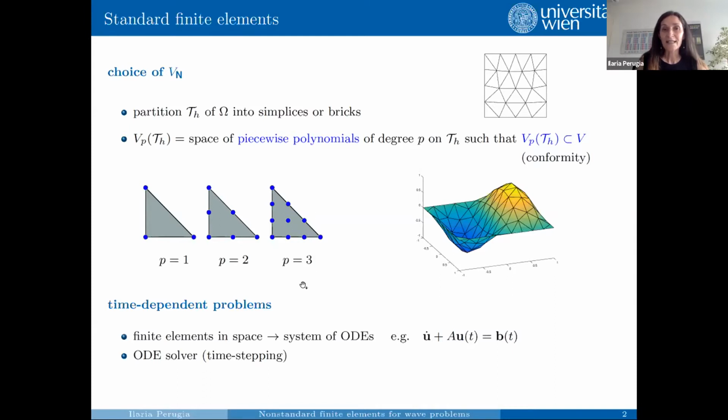So what is again standard when we approximate time-dependent problems is that we start by a finite element approximation in space only, and then we do a time stepping, so we solve the ODE system that arises from the finite element discretization in space, and we do time stepping to evolve the solution in time.